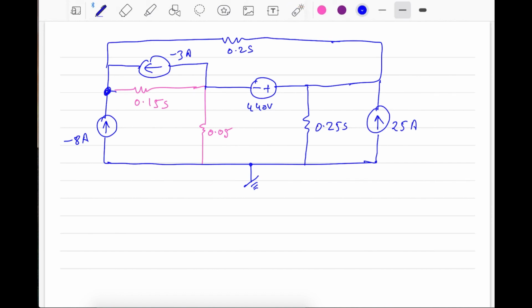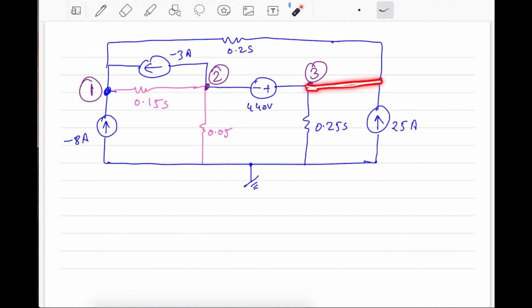Okay, so now how many nodes are there? This is node 1, this is your node 2, this is your node 3, and this is also the same as node 3, because I hope you all understand that this is a short wire, and I explained earlier also that voltage will be the same throughout this short wire. So all of it will have voltage V3 at all these points.